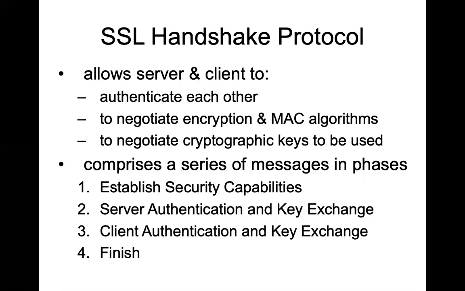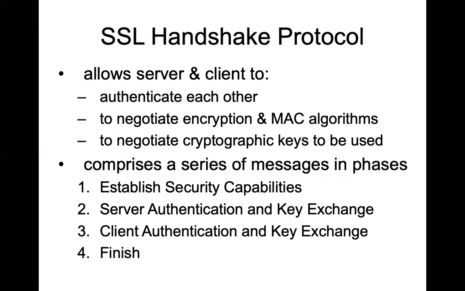But of course, let's look at the handshake protocol, which is the key aspect of the SSL protocol that allows Alice and Bob to establish the session key in the first place. SSL or TLS at its heart uses symmetric key encryption for all communication between Alice and Bob. The symmetric key encryption is done using a session key, and the session key is established using public key cryptography.